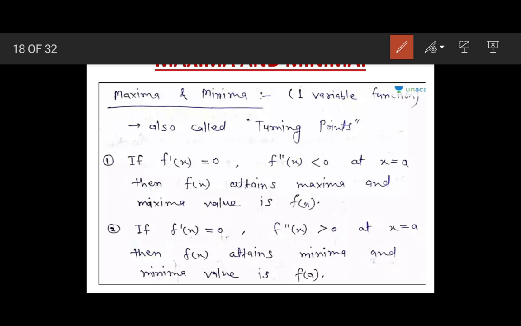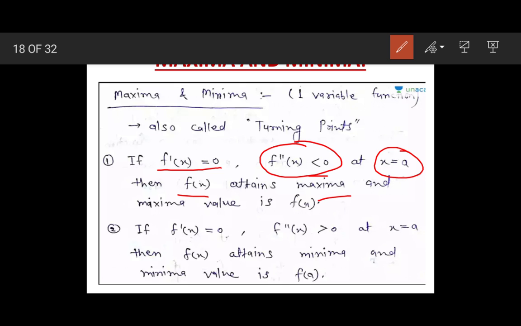So first we have to find f dash x and f double dash x, means first order derivative and second order derivative. Now if f dash x is equal to 0, means first order derivative is 0, and f double dash x, second order derivative, is negative, less than 0, at any point x equal to a, then f of x is maximum.